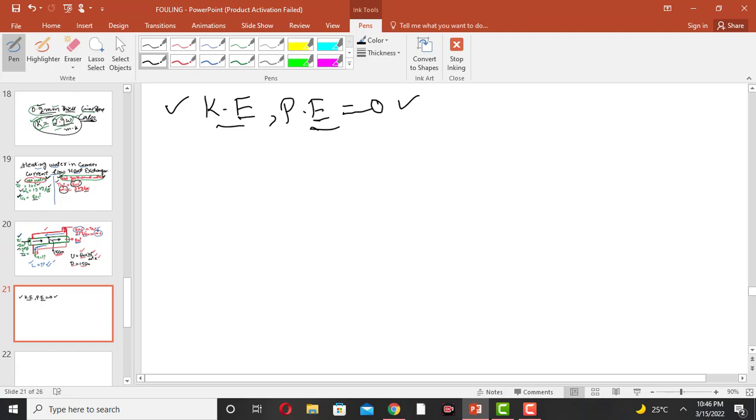The general heat equation is: heat rate is equal to the overall heat transfer coefficient times the surface area of the heat exchanger times the log mean temperature difference. But our question is what will be the length of the heat exchanger.